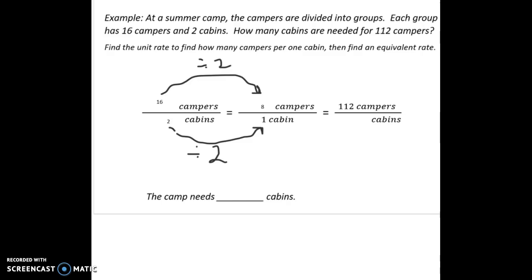And remember, whatever's on top stays on top, and whatever's on bottom stays on bottom. So campers stay the same all the way across, cabins stay the same all the way across. We know that our end result will have 112 campers, so I've gone ahead and filled that in for you here. Alright, so how do we go from 8 campers to 112?